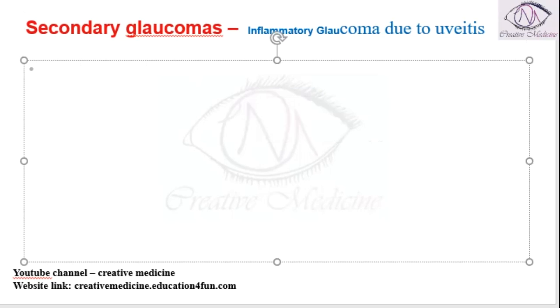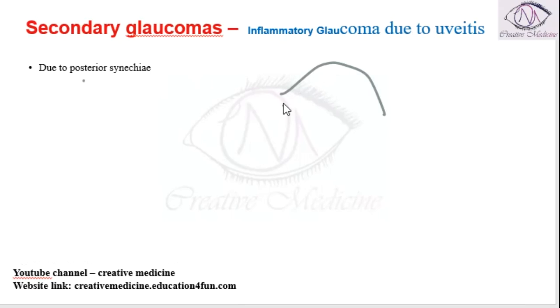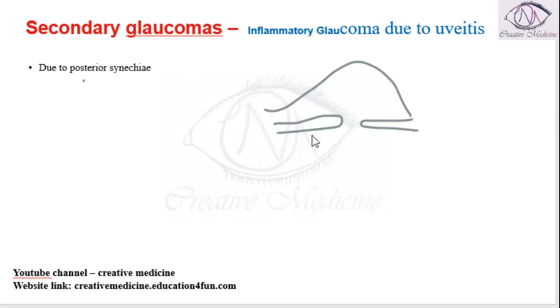So here this inflammatory glaucoma due to uveitis, it can be of three types actually. In the uveitis, there is formation of posterior synechiae. Whenever the posterior synechiae are formed, what is this posterior synechiae? Now, this is the cornea, this is the iris, and this is the lens, right?